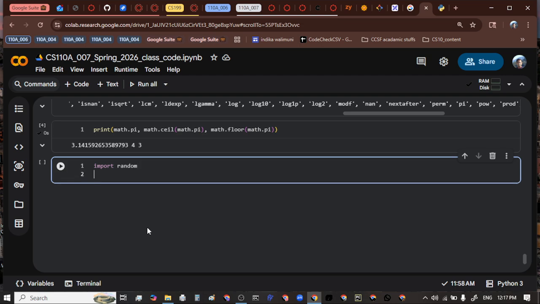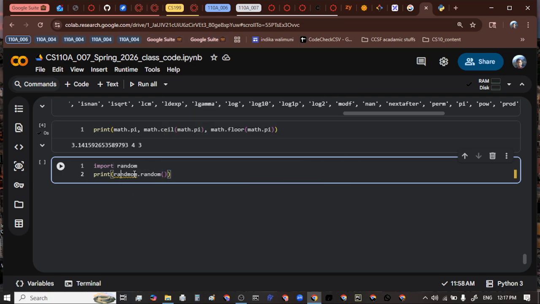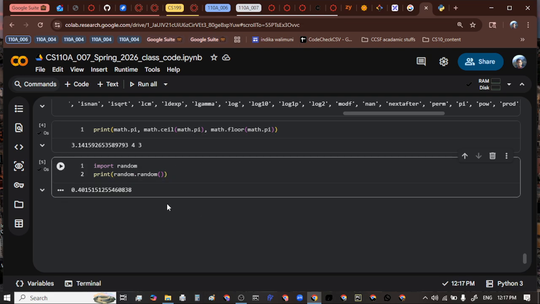And let's print random.random. You can see that it gives a number between 0 and 1, where 1 is exclusive. And every time you run it, you get a different number, which indicates randomness, right?